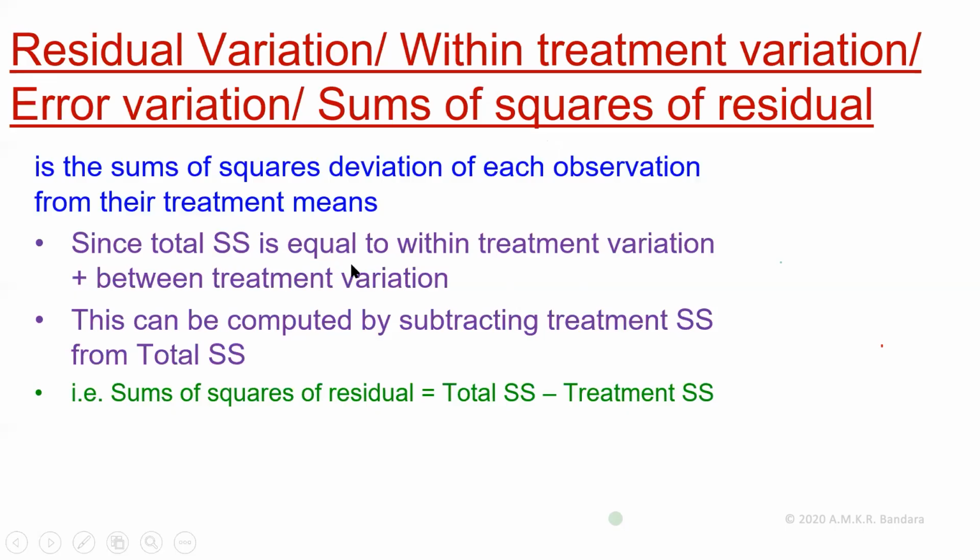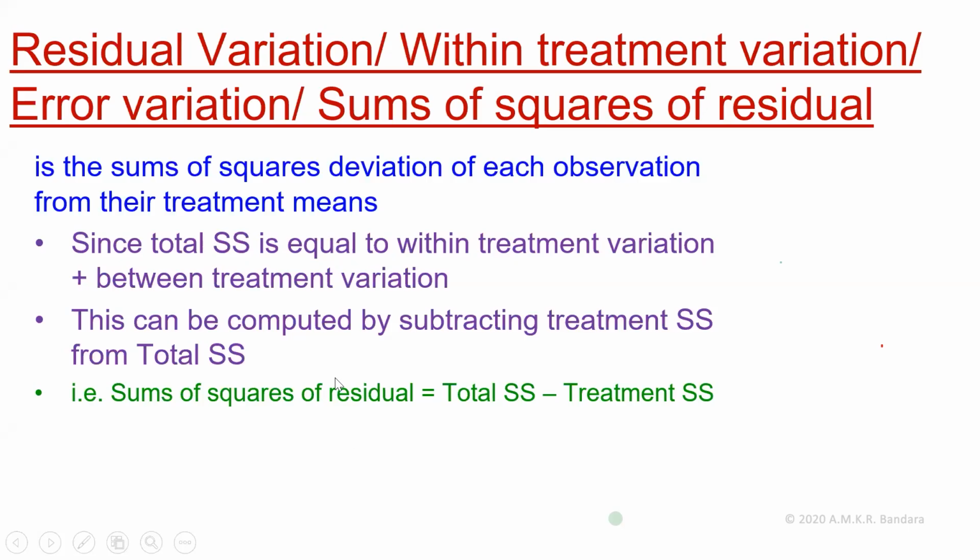Okay, then we figure out total sums of square and treatment sums of square, or total sums of square and between group variability. As we know, total variability is equal to within group variability plus between group variability, and we also call within treatment variability residual or error.